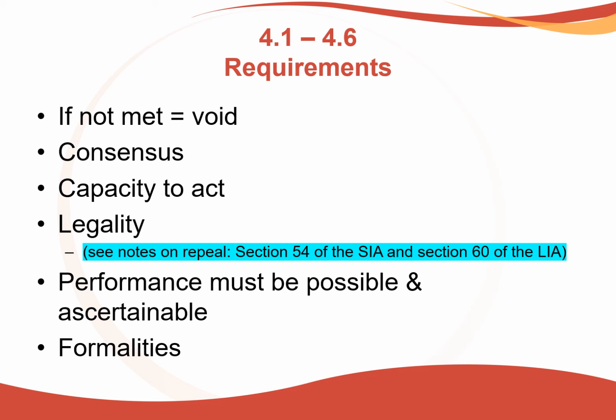It's void. What are these validity requirements? They are consensus, capacity to act, legality, performance must be possible and sustainable, and formalities, if applicable. So, the validity requirements for all contracts are the same, apart from the fact that formalities may differ.